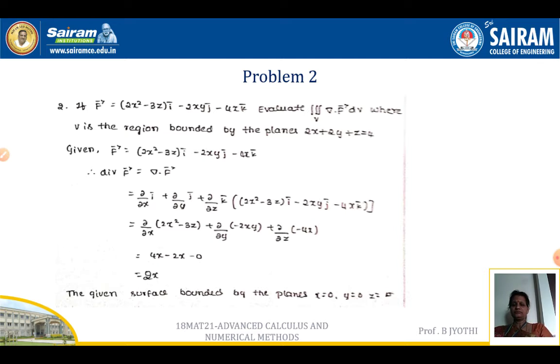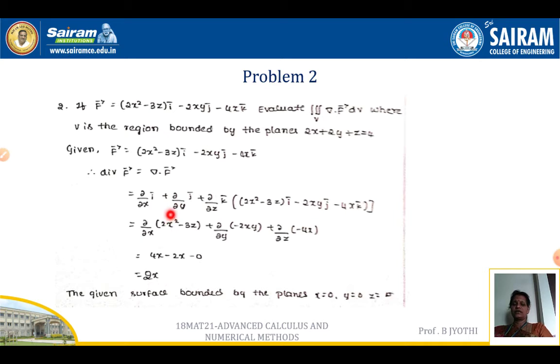Next problem. If f is equal to 2x square minus 3z i minus 2xy j minus 4x k, evaluate the triple integral of del dot f dv, where V is the region bounded by the plane 2x plus 2y plus z equal to 4. Given f is equal to 2x square minus 3z of i minus 2xy of j minus 4x of k, and div f is del dot of f.